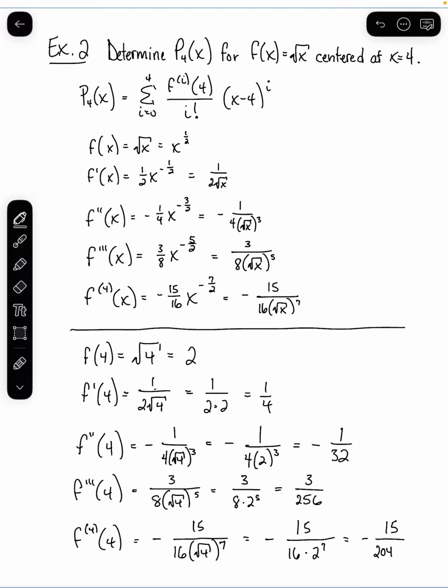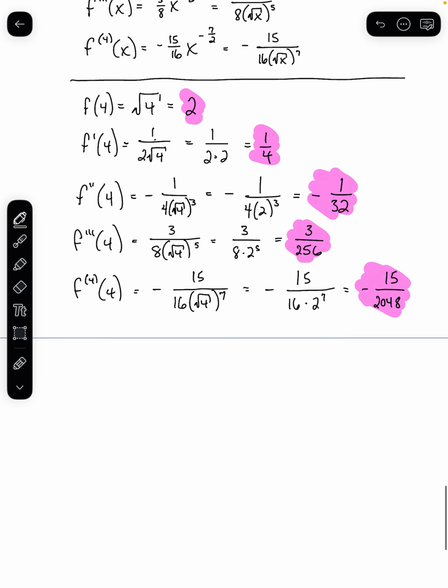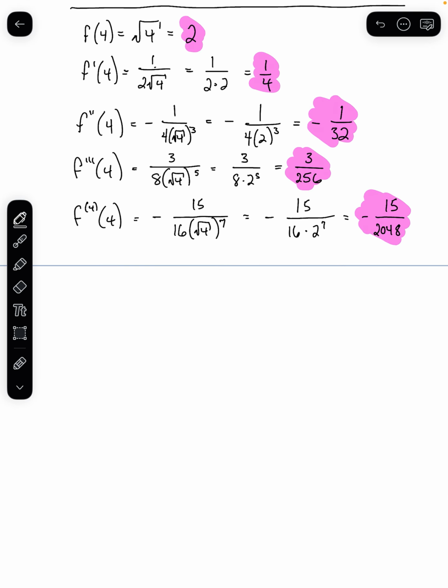Sixteen times 2 to the 7th is 2048. These are our coefficients for our polynomial. Well, along with the i factorials.